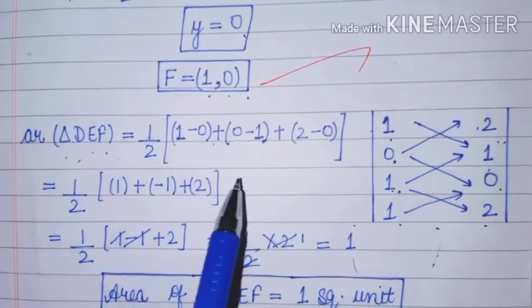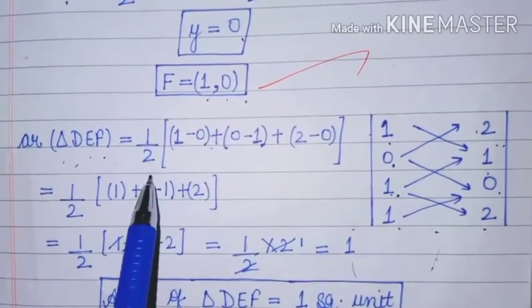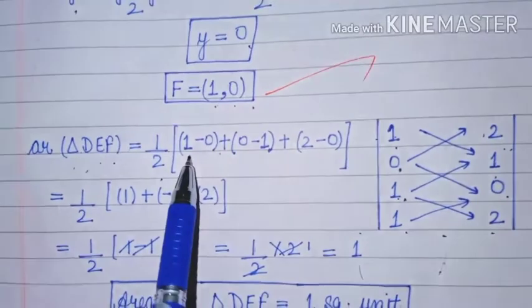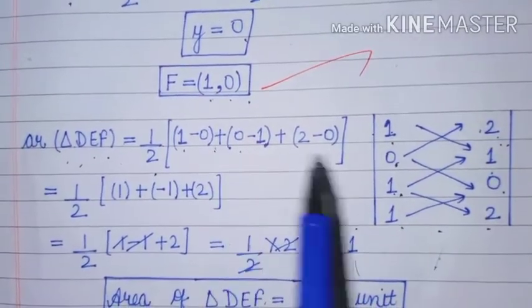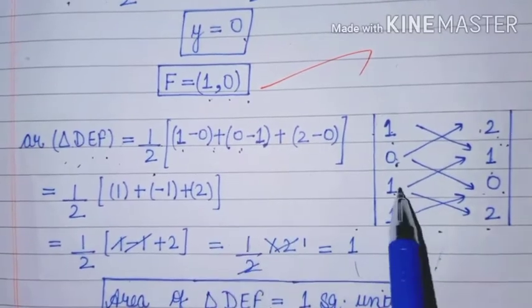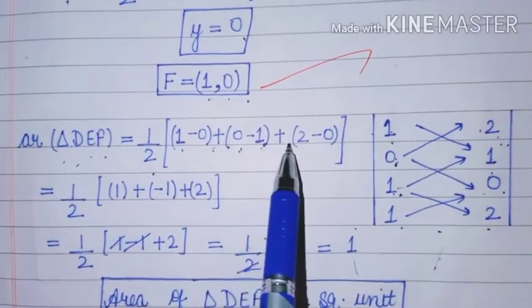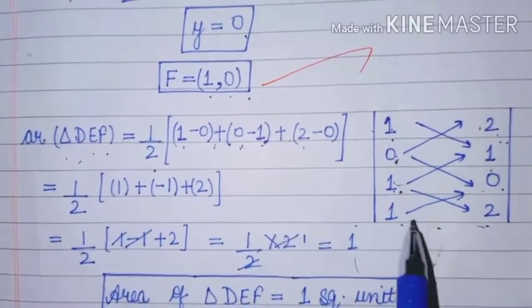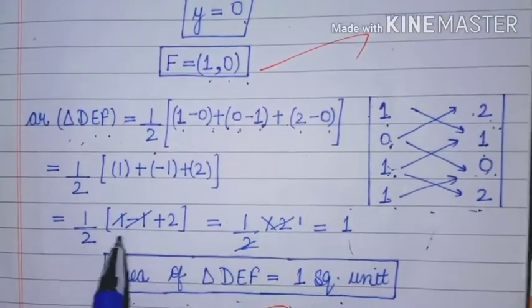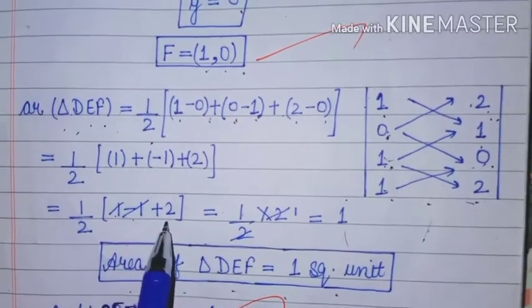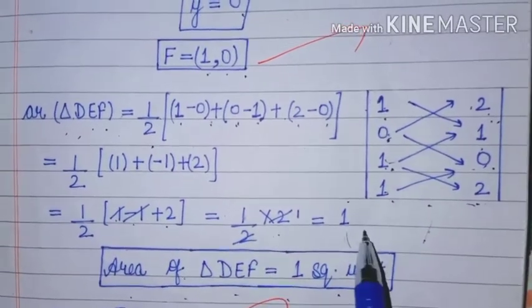Now we will cross multiply them: 1 by 2, 1 into 1, 1 minus 2 into 0, that is 0. In the second bracket 0 into 0 it is 0 minus 1 into 1 is 1, plus 1 into 2 is 2, minus again 1 into 0 is 0. After solving you will get 1 minus 1 plus 2 and you will get 2, that is 1.